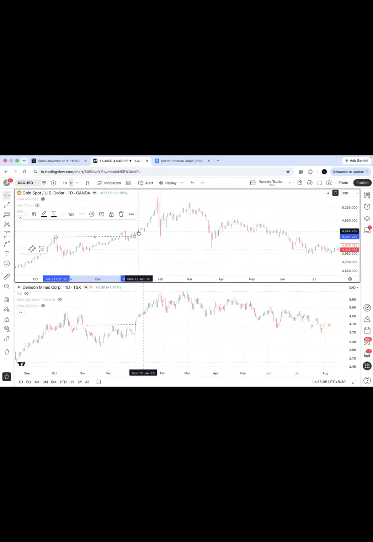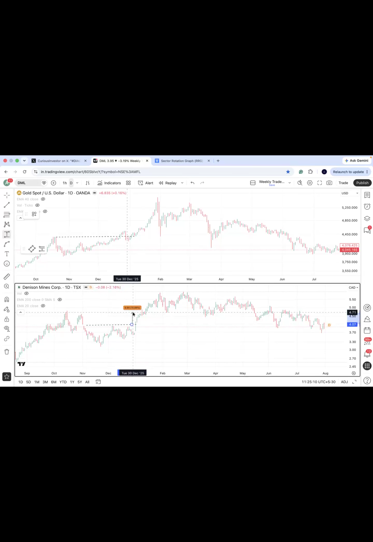Gold broke out later, on 12 Jan. In the meantime, this stock had already moved 15-20% to the upside, and then gold started moving up, where it went till 5,500, whereas this stock made a top at a level of 5.5 or 5.6.